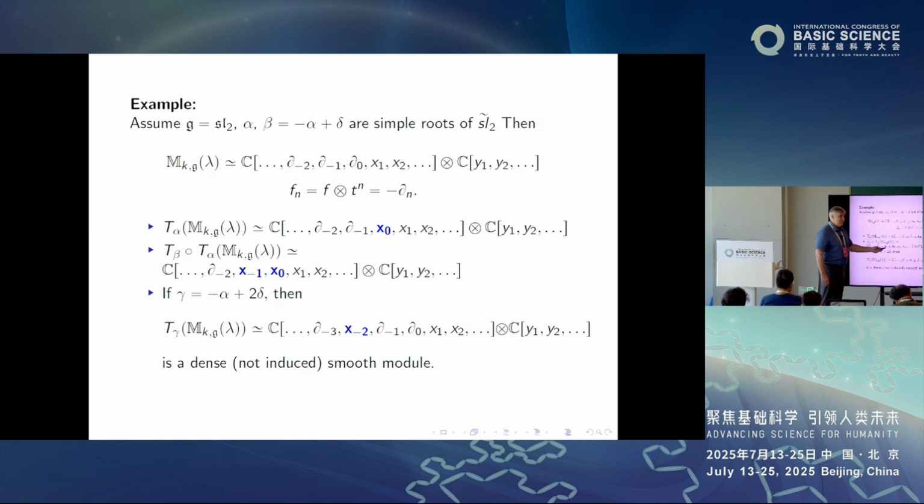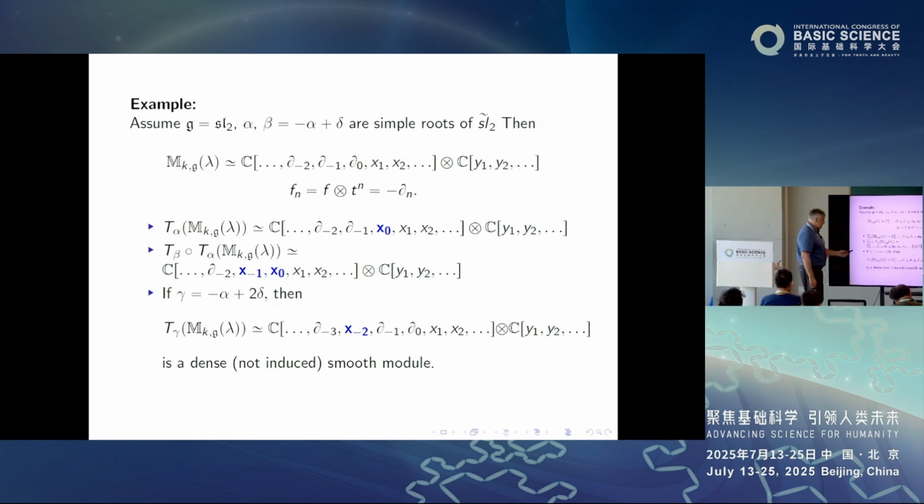So delta_minus 1 will be switched with x_minus 1. And you see, we're just extending the x's. And from the picture, remember when we had highest weight modules, we were going from one highest weight module to another highest weight module with respect to a different Borel, and so on, if we keep applying to simple roots. Same here, this is like a spectral flow, a reflection of the spectral flow here.